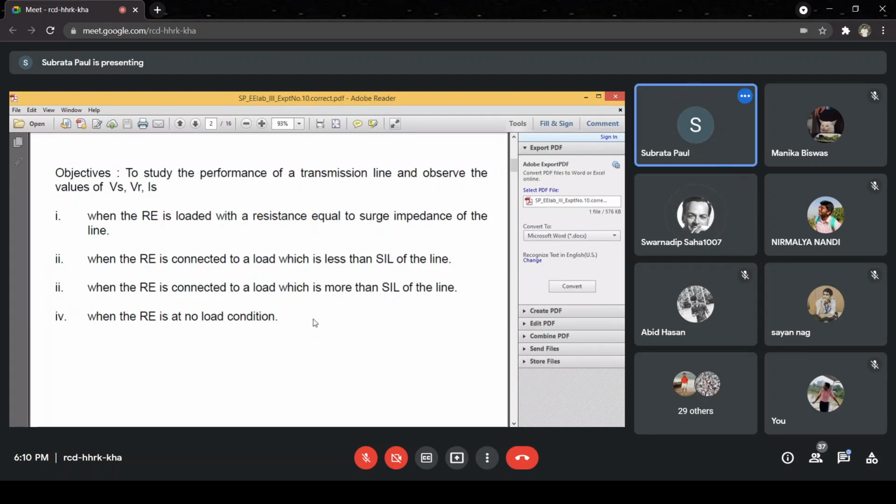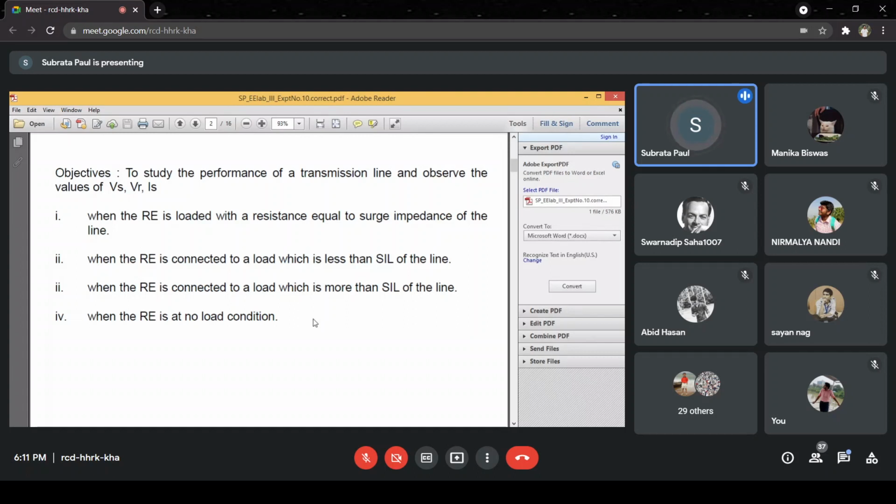Now, at the no load condition, the current drawn by the shunt capacitance of the line makes the current delivered by the sending end almost fully capacitive. So the capacitive current flows through the line.